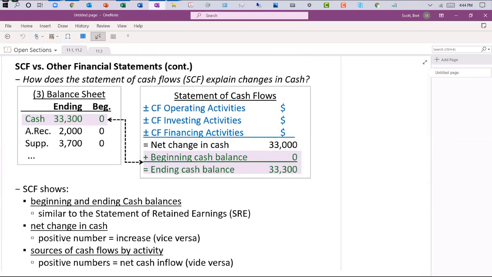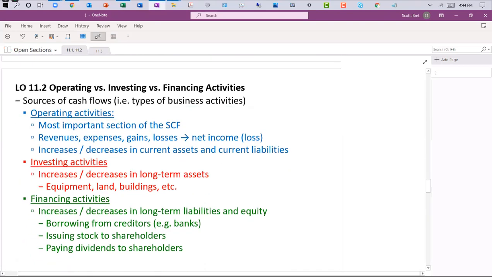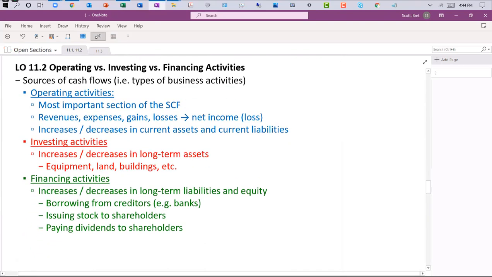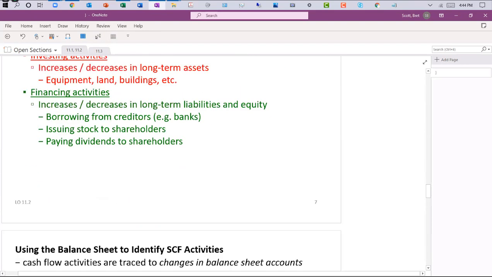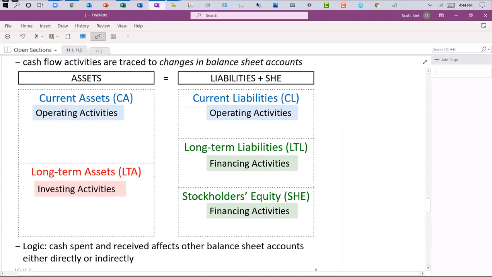Generally speaking, the statement of cash flows is broken down into 3 sections to determine an overall change in cash, which of course ties into the balance sheet numbers that we see. The information is broken into operating, investing, and financing activities. Those activities correspond to certain sections on the balance sheet. So when we're looking at changes in total cash, realize that changes in cash correspond to the changes in all the other non-cash accounts on the balance sheet.